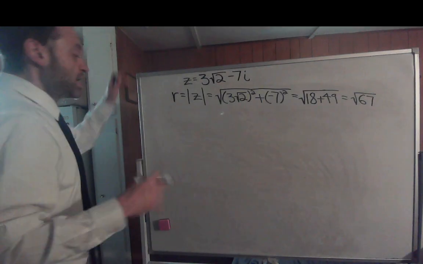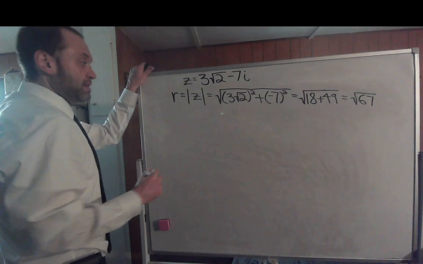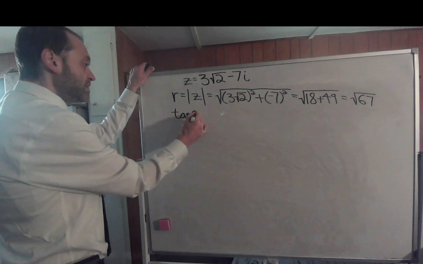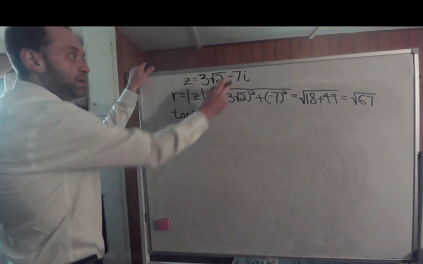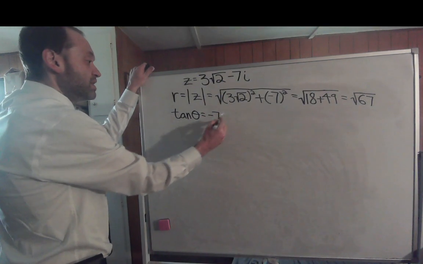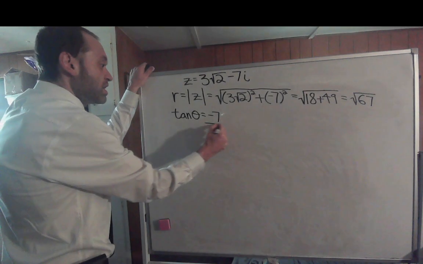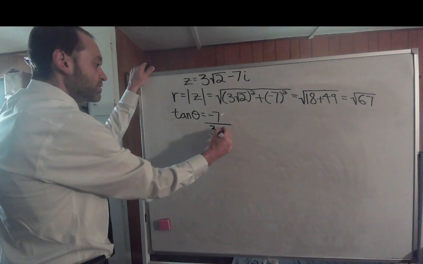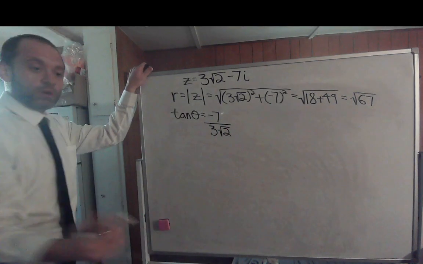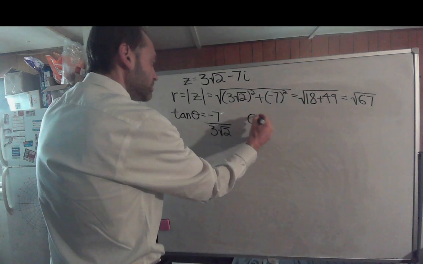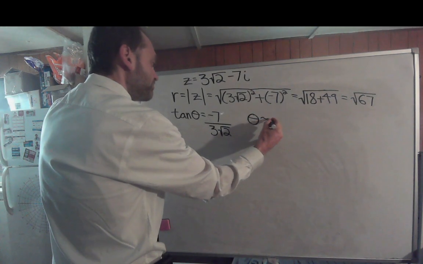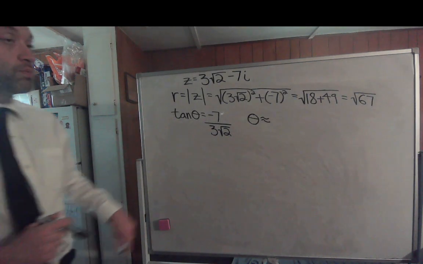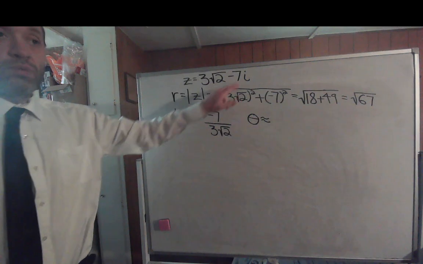Now, let's go ahead and find your angle. So the tangent of theta is going to equal your b value of negative 7 over your a value of 3 times the square root of 2. Well, let's see what quadrant we're looking at here. So, pretend this is your x and y.